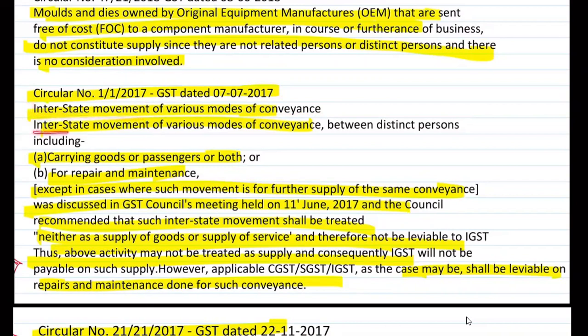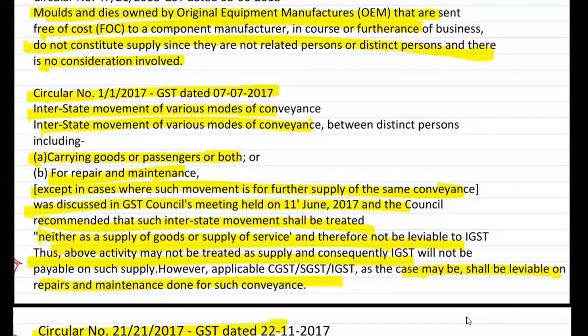Interstate movement of various modes of conveyance between distinct persons, which means one of my other establishments, carrying goods, passengers, or both, or for repair and maintenance, except in cases where such movement is for further supply of the same conveyance.